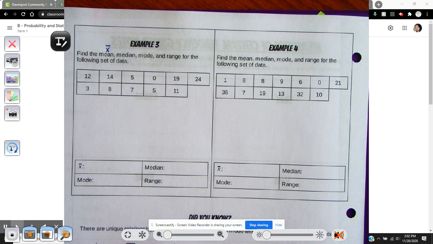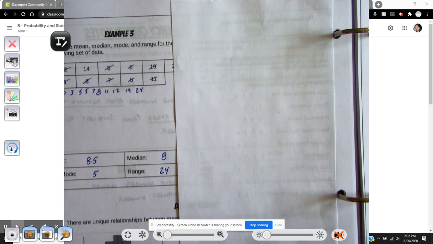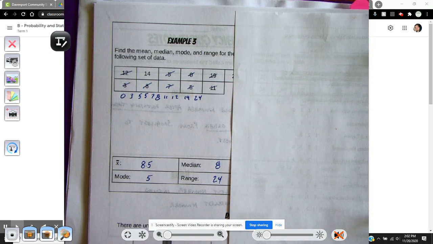So go ahead and pause the video and try example 3. After putting them in order from smallest number to biggest number, we'll find our mean is 8.5, our median is 8, our mode is 5, and our range is 24.